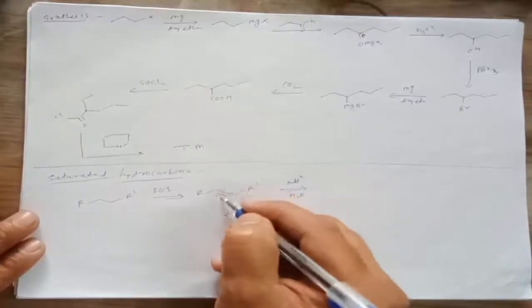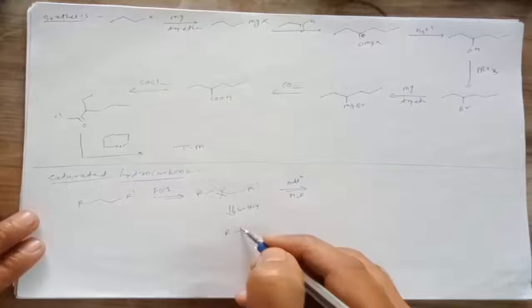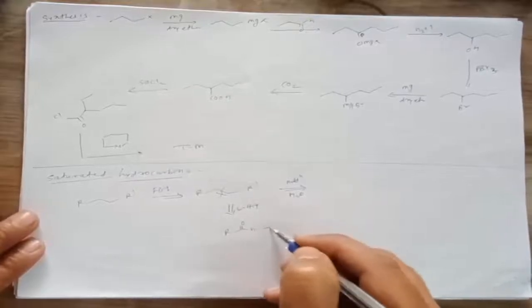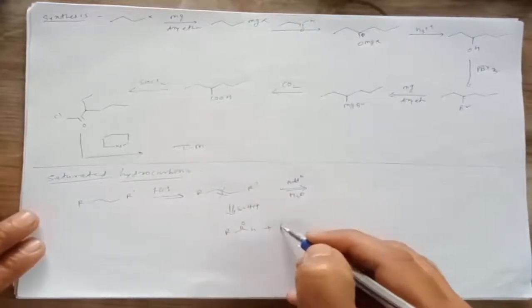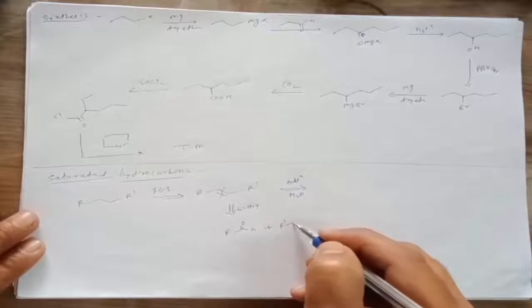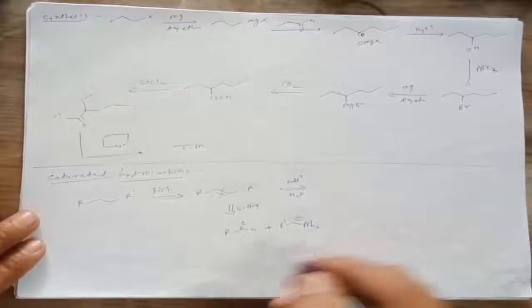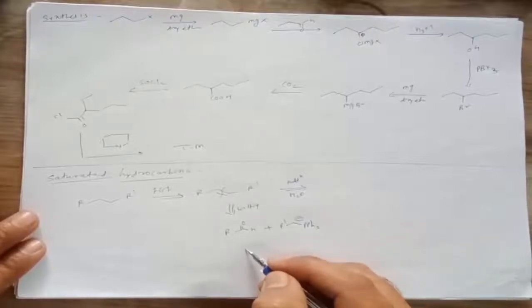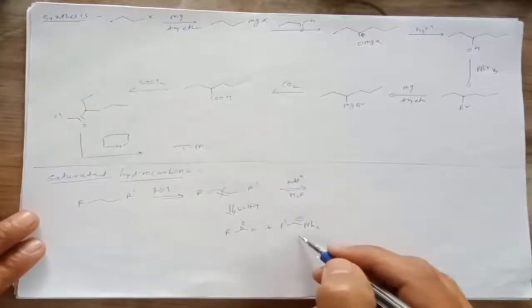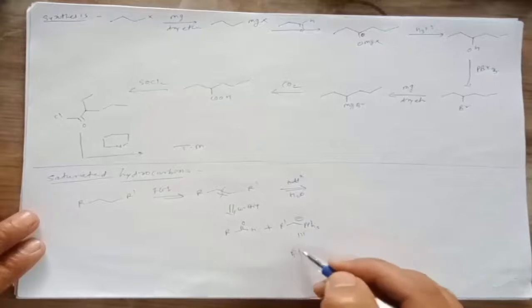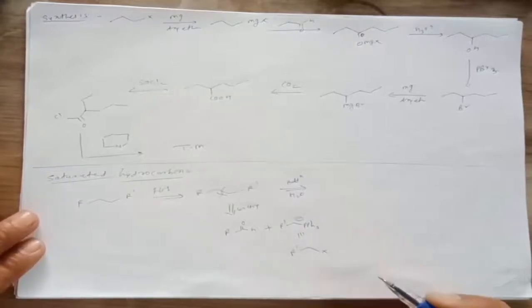In Wittig reaction we can break this molecule at this position. From one side we can take an aldehyde, and from the other side we can take R-CH2, then PPh3, right, minus. This aldehyde is easily available, right? And then this molecule can again be prepared by using such type of alkyl halide.